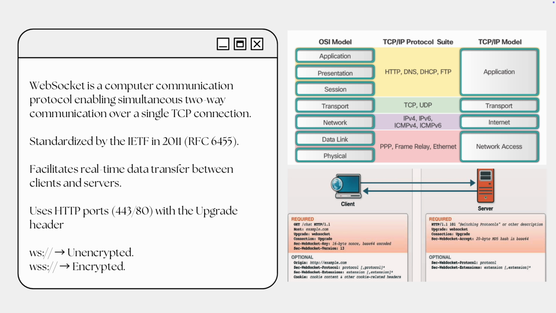It was actually standardized by the IETF in 2011 as RFC 6455. It is actually built on top of HTTP. So as you can see, to make a WebSocket connection, the client actually sends an HTTP request. It just would contain this header that's called Upgrade: websocket.